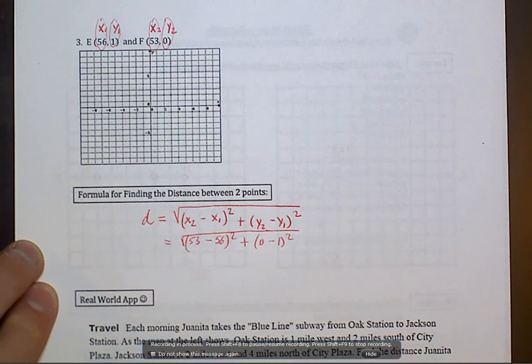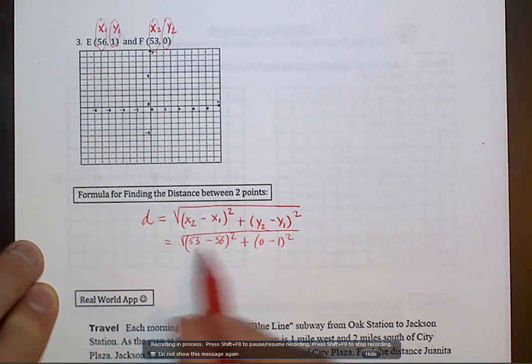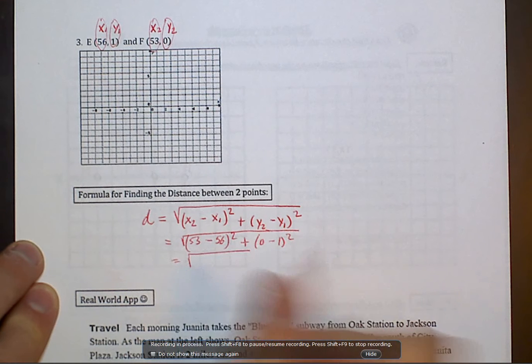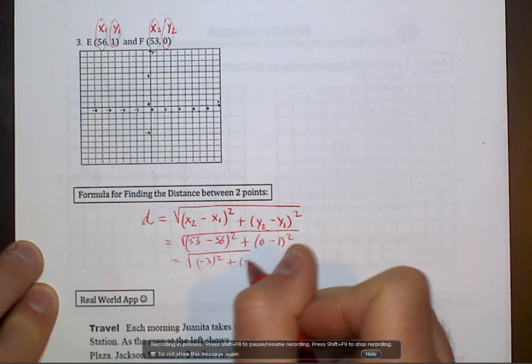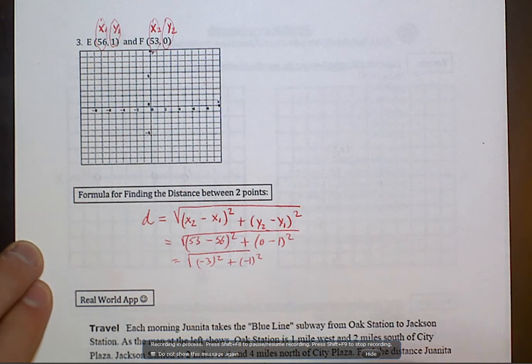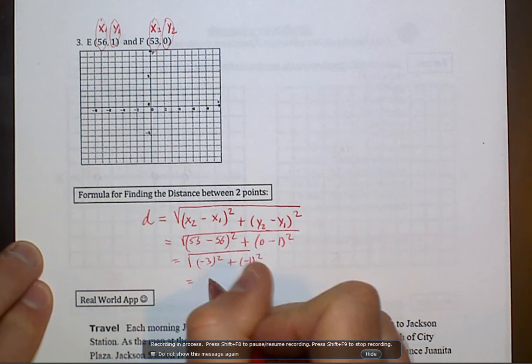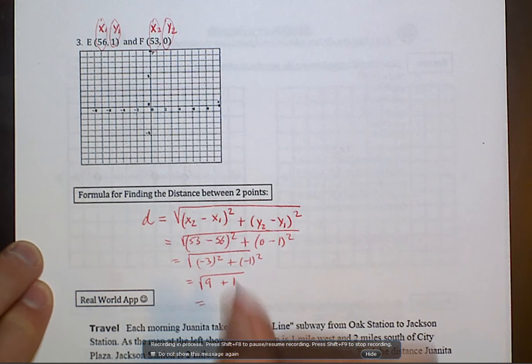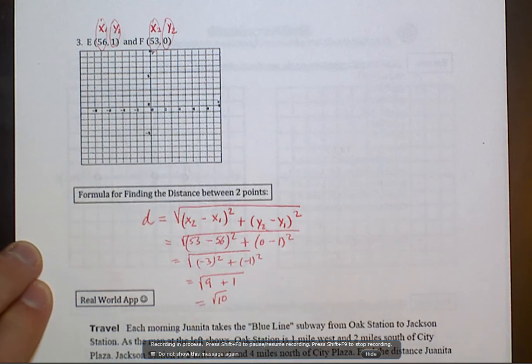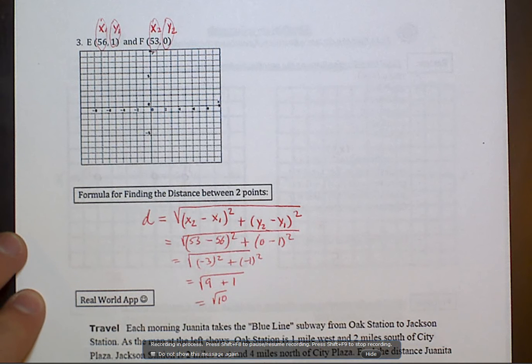So I'm going to have 53 minus 56 is a negative 3 squared plus negative 1 squared. Negative 3 squared is 9 and negative 1 squared is 1. So I end up getting the square root of 10. So the distance between those 2 points, E and F, is the square root of 10.